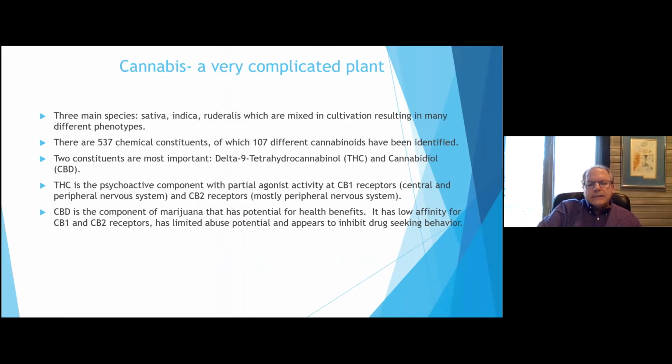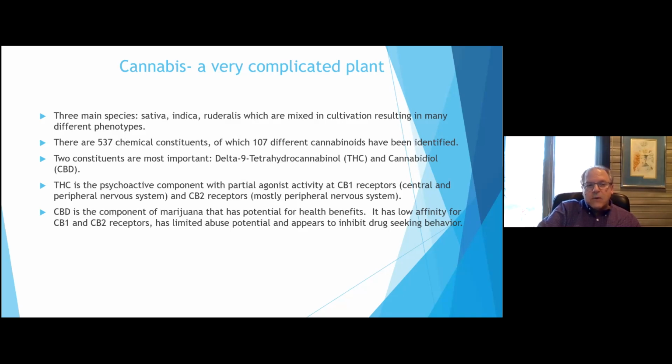And what is happening today is cultivators are taking the three species and mixing them up in different combinations, and it results in many different phenotypes with a varying amount of THC and CBD. There are 537 chemical constituents, 107 of which are cannabinoids. We're going to just mainly focus on the two, the THC and CBD.